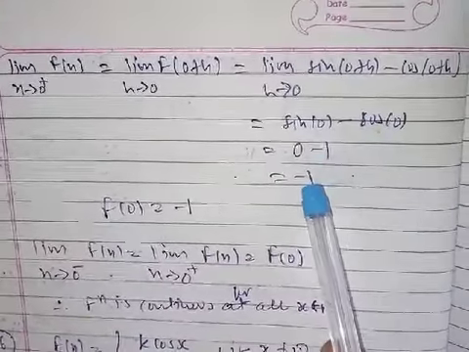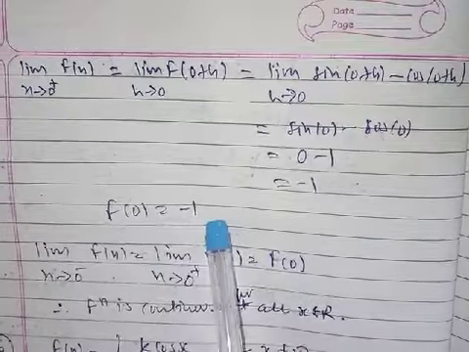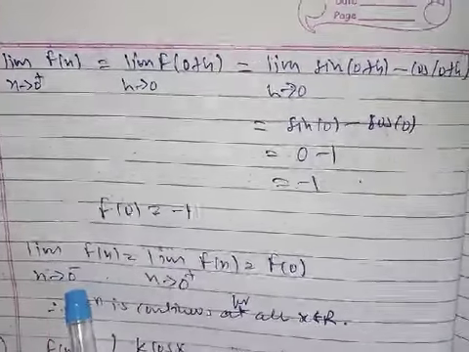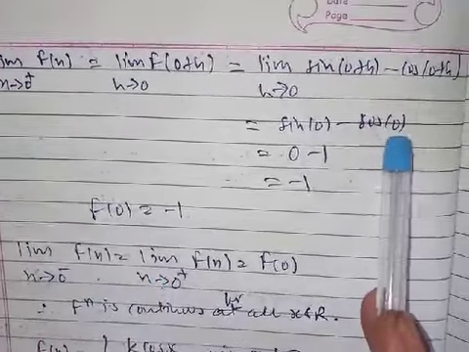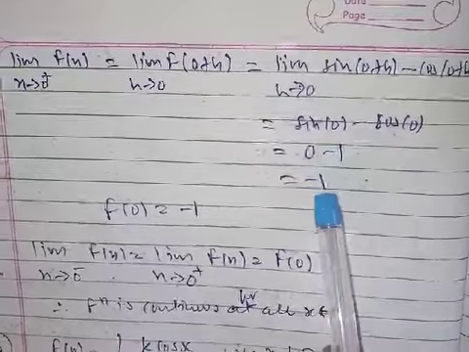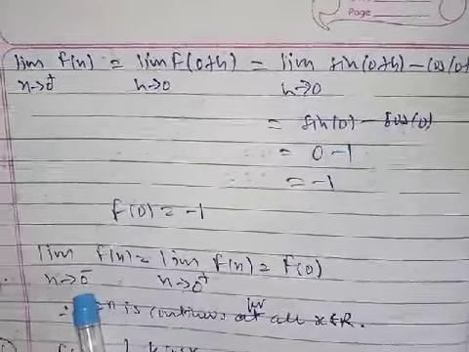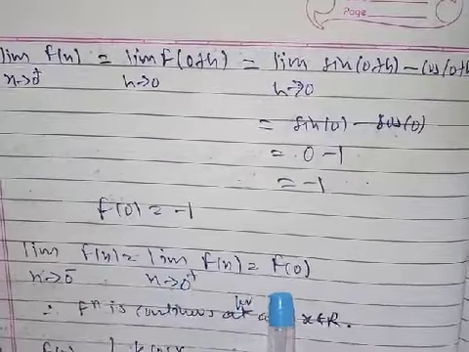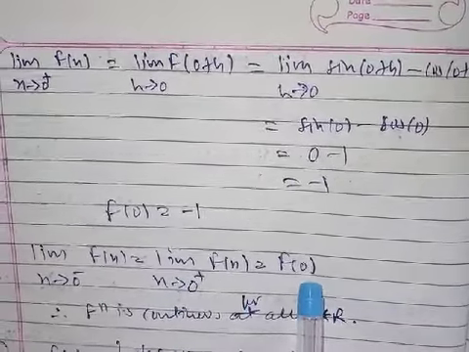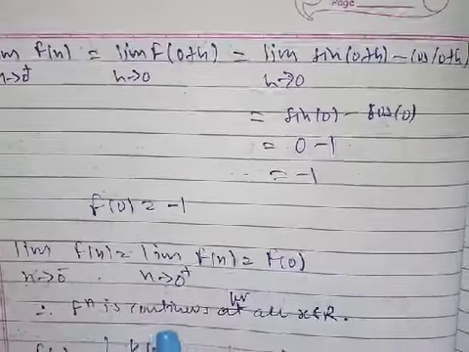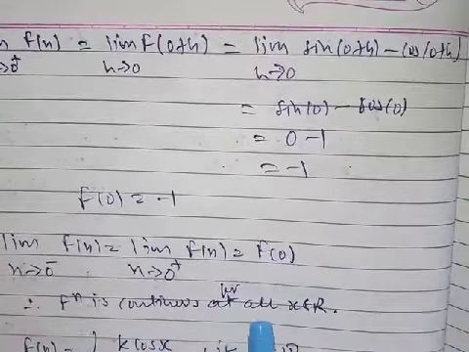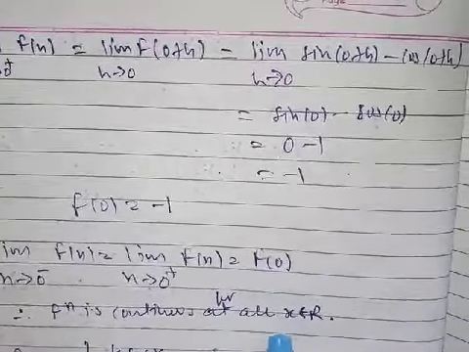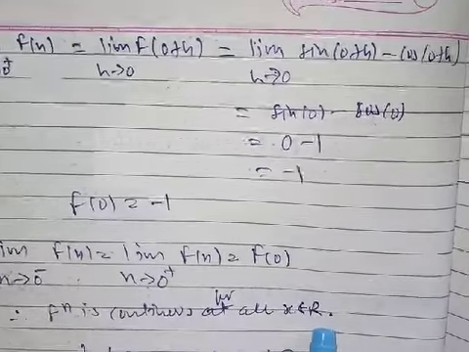So because of this minus, it is minus 1. And f of 0 is also minus 1. So the limit as x tends to 0 minus of f of x is equal to the limit as x tends to 0 plus of f of x is equal to f of 0. So the function is continuous for all x, for all x belongs to R. Thank you.